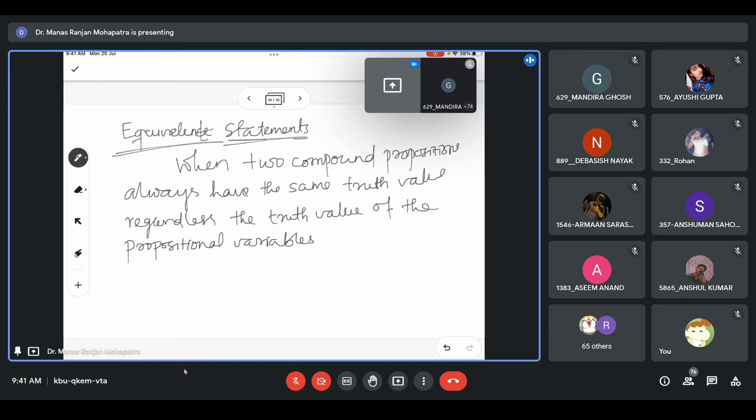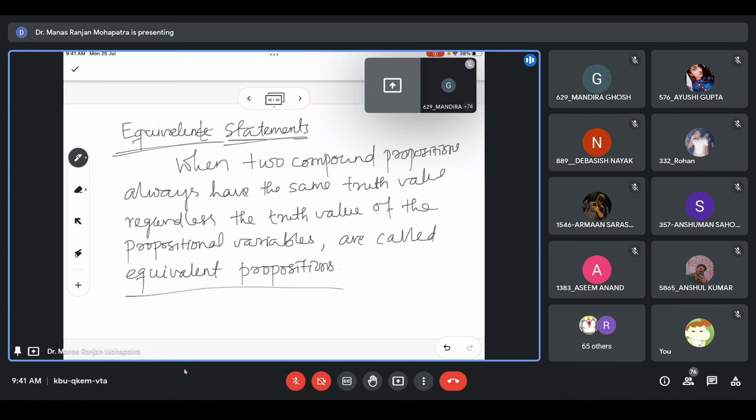When two compound propositions always have the same truth value regardless of the truth values of the propositional variables, they are called equivalent propositions. Okay, that's the definition of equivalent propositions, that is, when we say that two propositions or two statements are equivalent.